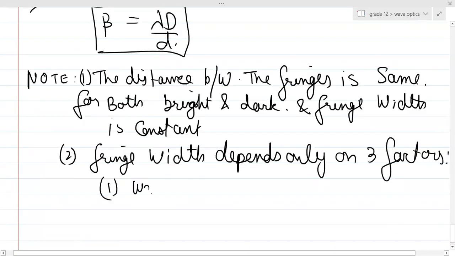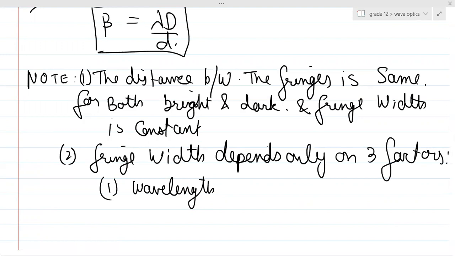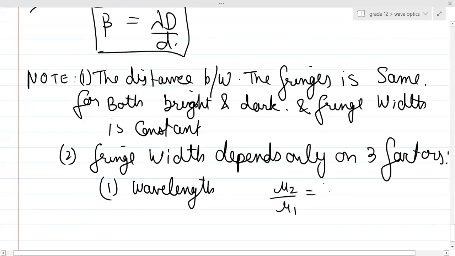First is the wavelength. Suppose, guys, you dip this whole setup in water. If you try to do YDSE in water, then what will happen? Are you aware of this relation? Do you remember this? mu2 by mu1 is equal to v1 by v2.